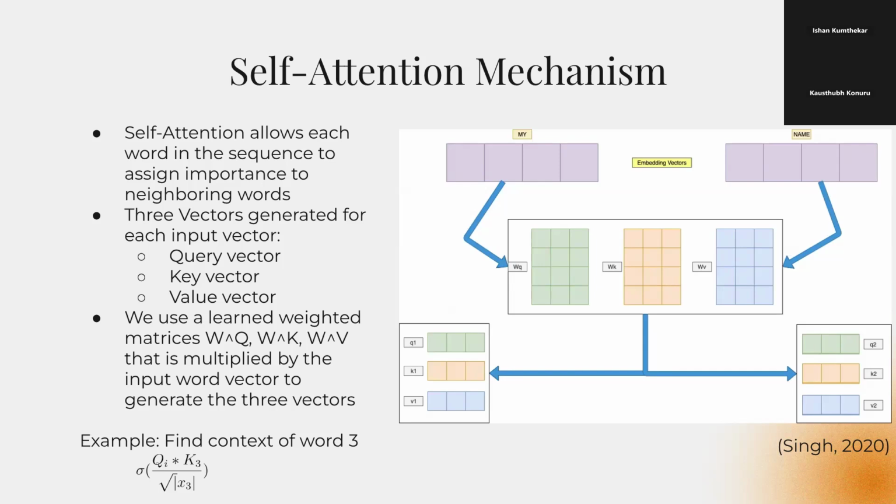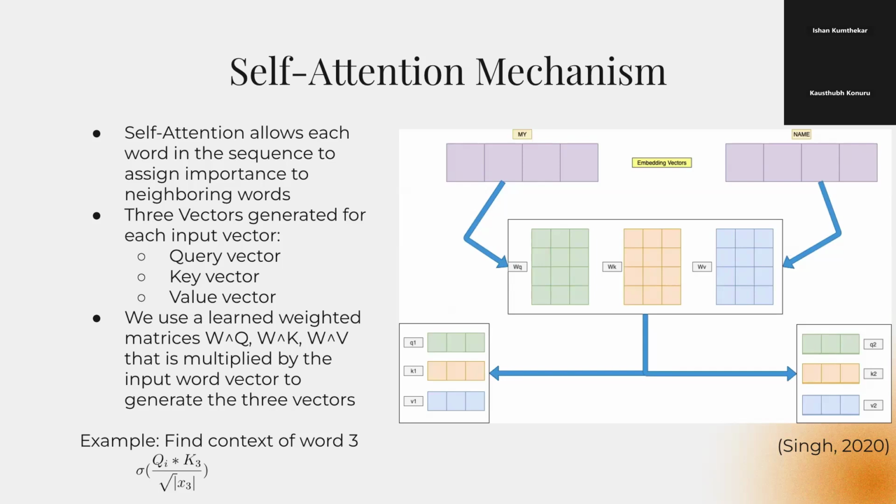So for example, right here in the graph, we have two embedding vectors, right? So my and name. We use the learned matrices to multiply these to get the Q, K, V vectors for each word. But now we want to find the context, for example, of word 3. To find the context of word 3, we multiply the key vector of word 3 by the query vector of the context word.